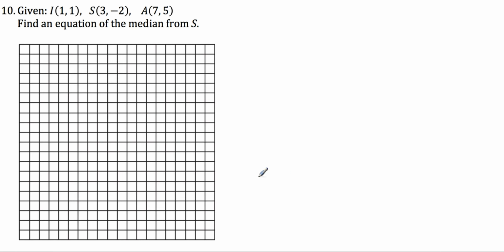Let's look at the next question, number 10. So same idea. Then we want to first draw the axis. 1 comma 1 for I, and then 3 comma negative 2 for S, and 7 comma 5.